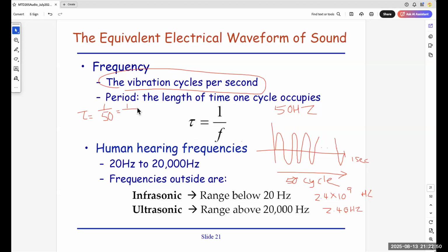You press your calculator, you will see that we have 1 divided by 50, equals to 0.02 second. Every 0.02 second, it completes one cycle.